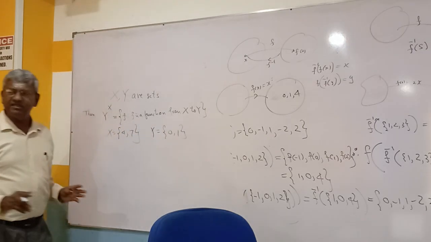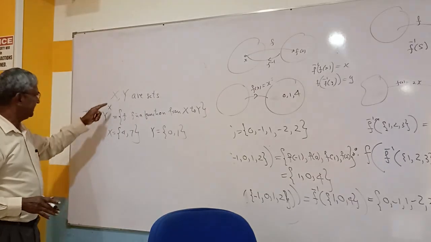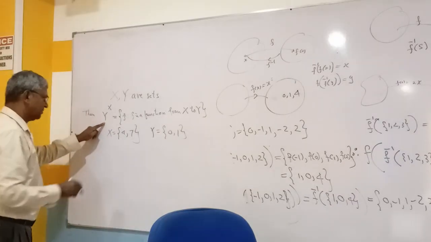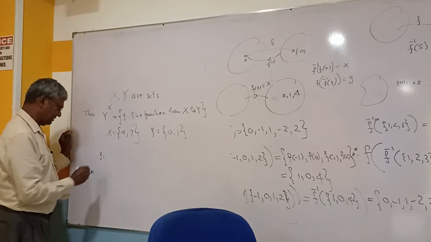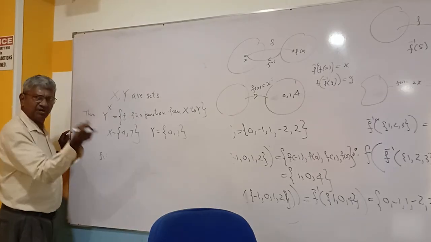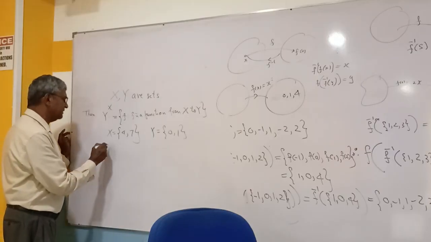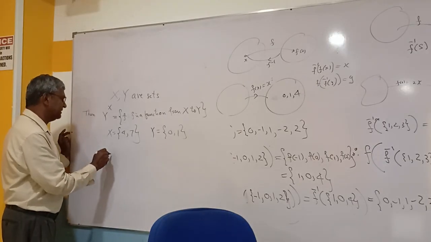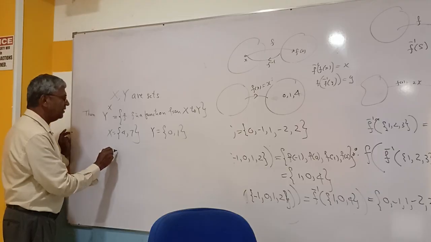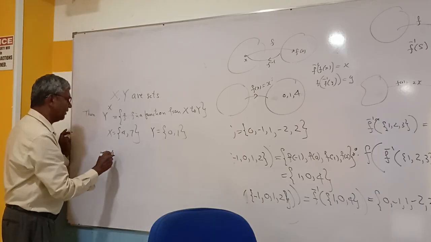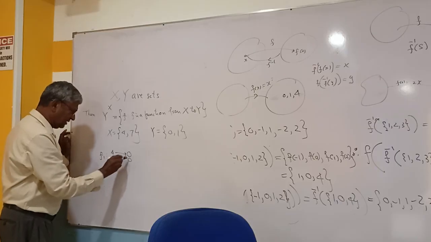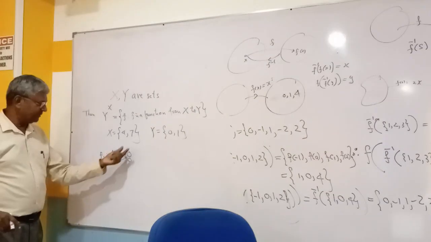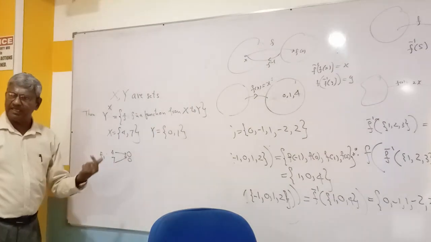So we are interested in functions from X to Y. Let's define f1 first: f1 of 4 goes to 0, and 7 also goes to 0. This is one function.